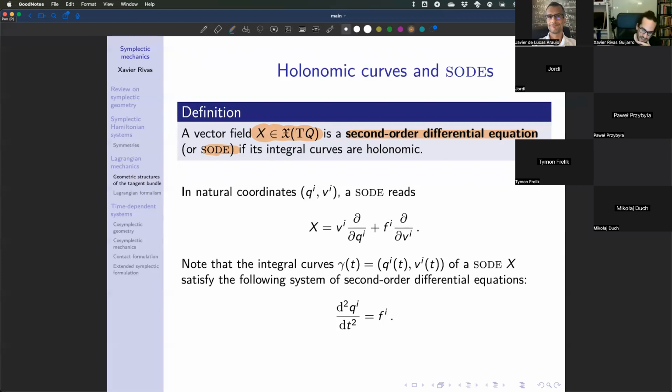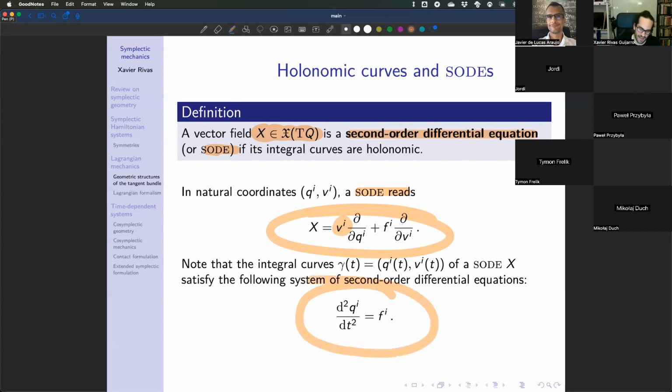So in natural coordinates, a SODE looks just like this, so that the components on the partial q's are just the velocities. What equation do the integral curves of this vector field satisfy? The integral curves satisfy this second-order differential equation here. And that's why we call this vector field a second-order differential equation, because they actually define second-order differential equations.